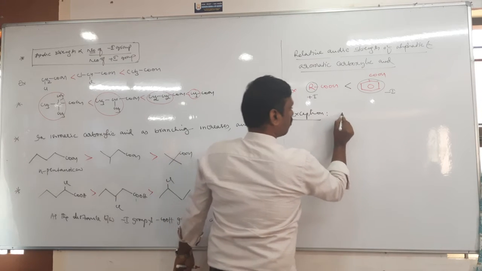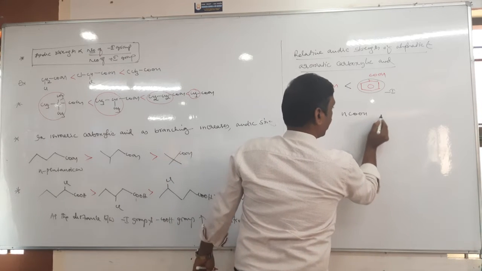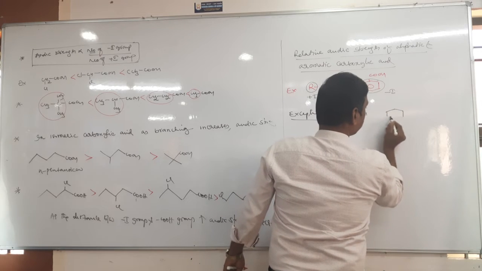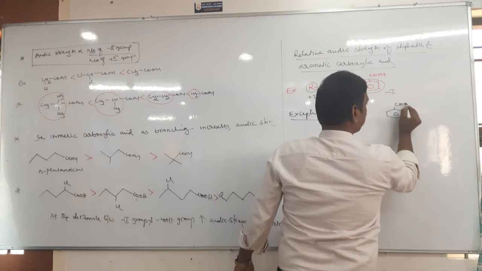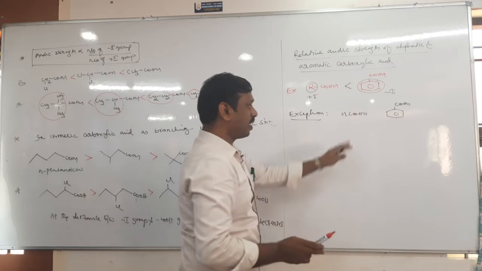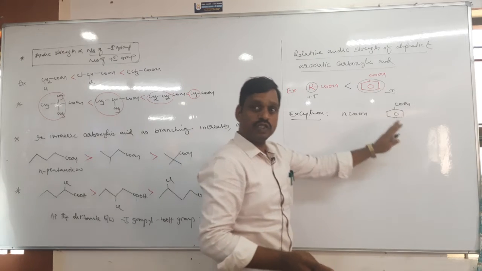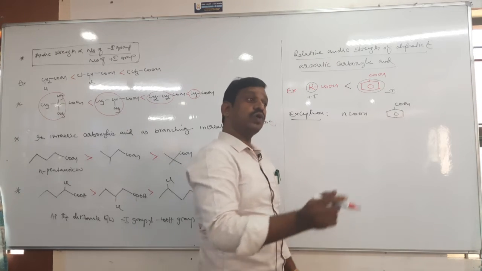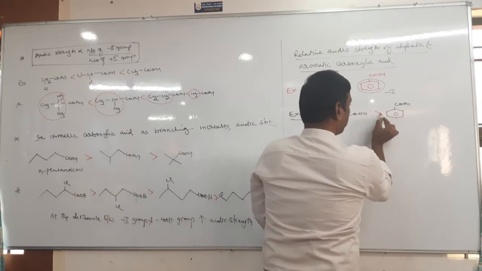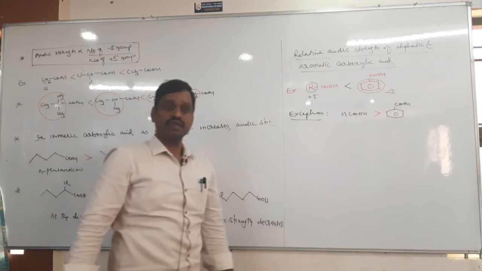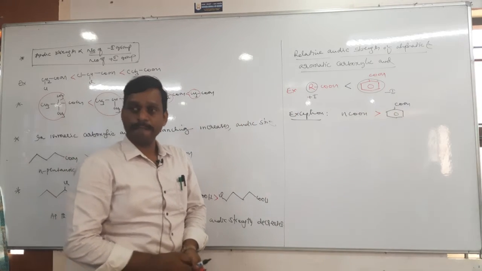The exception is formic acid and benzoic acid. Among formic acid and benzoic acid, which is more acidic? Formic acid is aliphatic, benzoic acid is aromatic. Even though it is an aliphatic carboxylic acid, formic acid is more acidic than benzoic acid. Why?